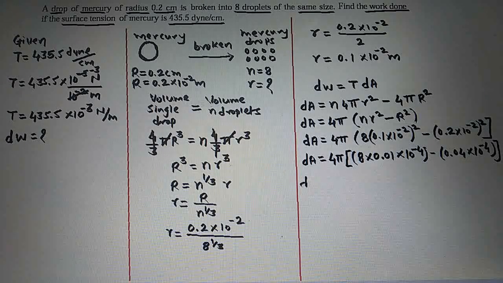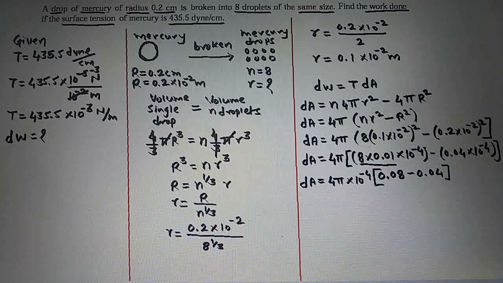Next we can write here dA is equal to 4 pi. If we take 10 raised to minus 4 common here, then we can write here 10 raised to minus 4 in bracket 8 into 0.01. That should be equal to this 8 into 0.01, that should be equal to 0.08 minus 0.04.